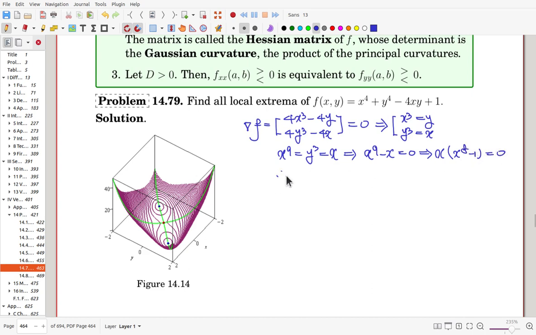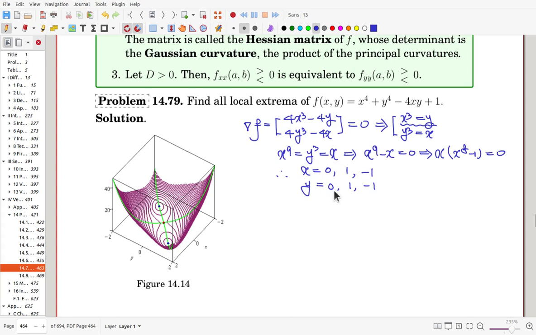So we can conclude here x is 0, 1, and minus 1. Then if x is 0, y must be 0 by using this equation. If x is 1, then again y is 1. If x is minus 1, then again y is minus 1. So we have 3 points: (0, 0), (1, 1), (minus 1, minus 1).